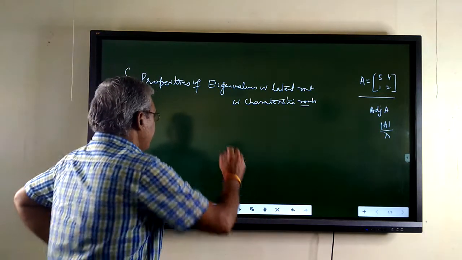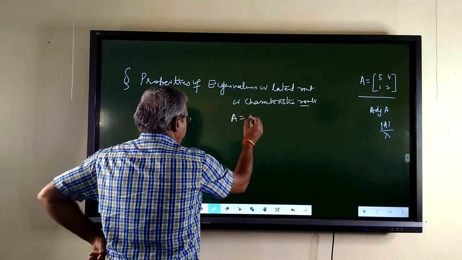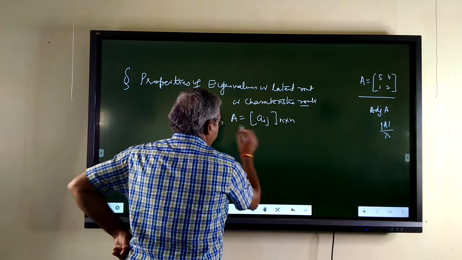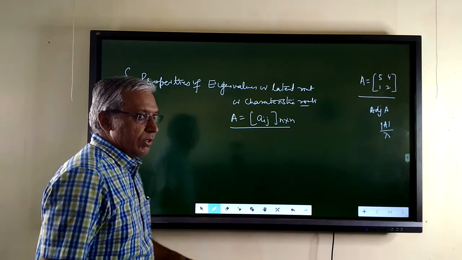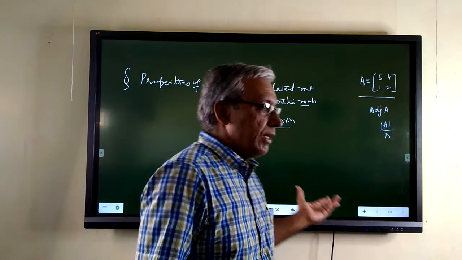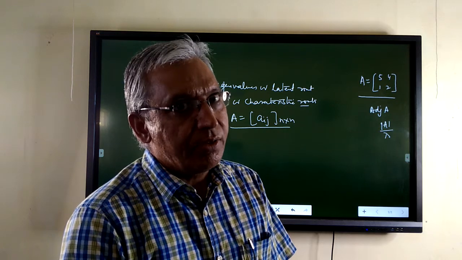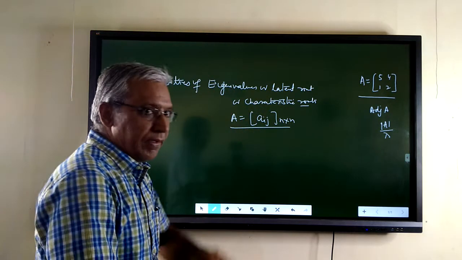We consider A a square matrix of order n by n. Therefore, lambda 1, lambda 2 and so on up to lambda n are the eigenvalues of the given matrix A.